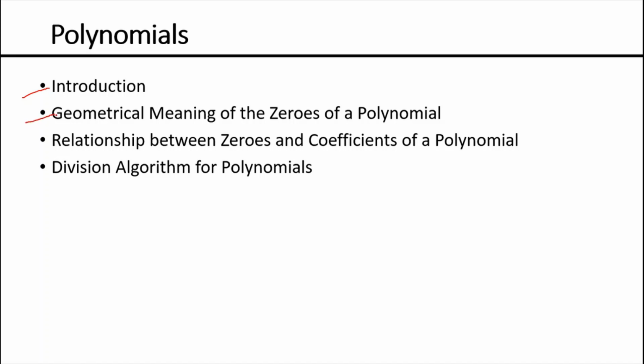Then in the next section we have seen what the geometrical meaning of zeros of a polynomial is. We have constructed a graph of a linear polynomial, and after that we have taken a look at how exactly the graph of cubic as well as quadratic polynomial will look. And on the basis of these graphs we have seen how we can determine zeros of a polynomial.